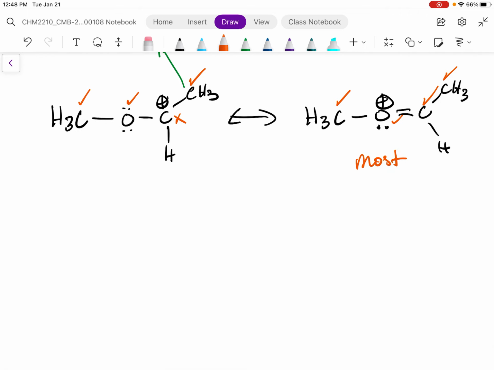Okay, now if we take a look at another example, you'll see something quite interesting. Now in this example, we're going to have 3 resonance structures.